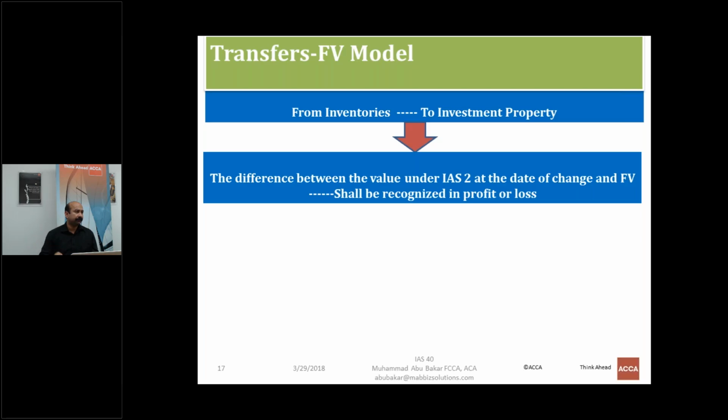So can I clarify that she is asking whether the transfer from investment property to inventory should be counted? Yes, the fair value of the investment property at the date of transfer will become the cost for the inventory for onward accounting.